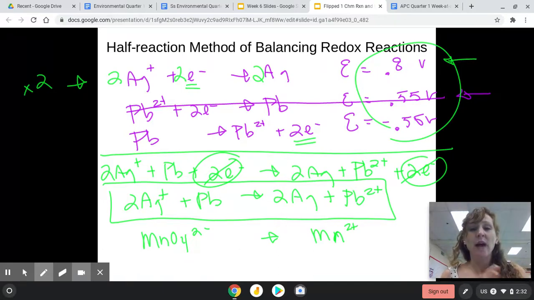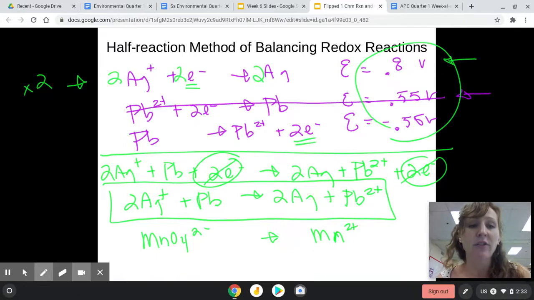When you are balancing redox reactions, we have to go through a couple additional steps to make sure that not only are our elements balanced like a normal reaction, we also want to balance electrons, and then we also want to double check our oxygens and hydrogens balance. So I'm going to step you through one method of balancing redox reactions to make sure that all of these boxes are checked and balanced correctly.